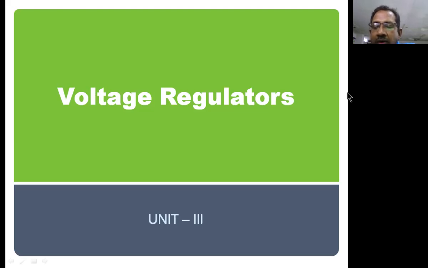Because we know that all electronic circuits operate with a constant DC voltage, which is known as the power supply signal or an operating DC voltage. In order to produce that constant DC voltage, we will be using power supply units. A power supply unit comprises various blocks in sequence, one after the other.